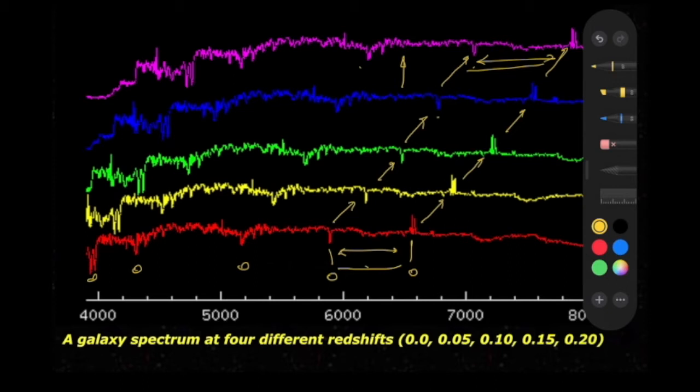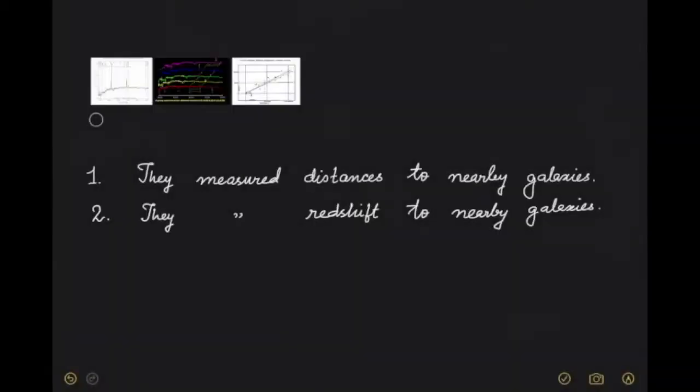Or vice versa: if I look at the red spectra and I know about the blue spectra, then I can figure out what the lines in the red spectra are from my knowledge of the blue spectra.